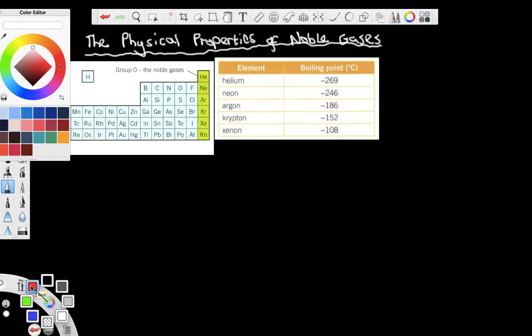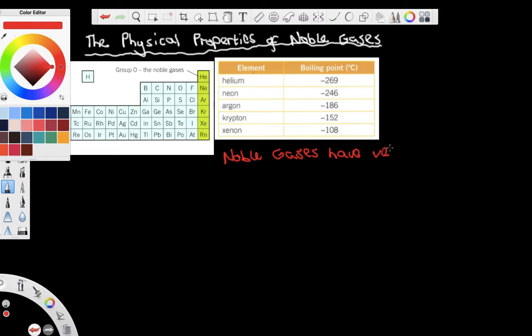So we can say that the noble gases have very low melting and boiling points.